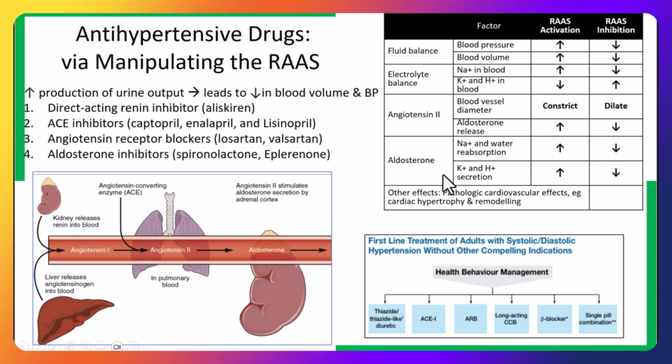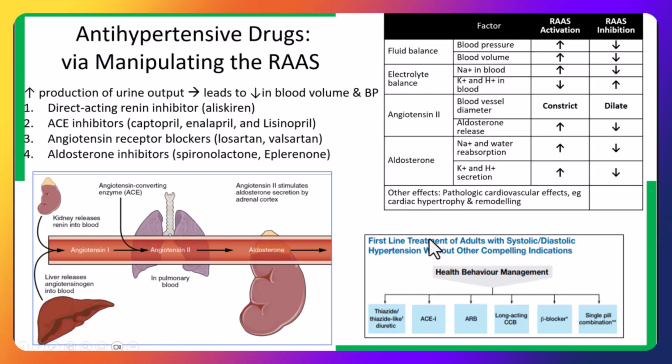This is a nice summary table showing you what we know happens with RAAS activation, which I talked about on an earlier slide. And when we're trying to manipulate or inhibit the normal effects in order to bring blood pressure down, we see really the opposite effects occurring. An overactive RAAS can cause harmful changes such as remodeling of the heart and cardiac hypertrophy.